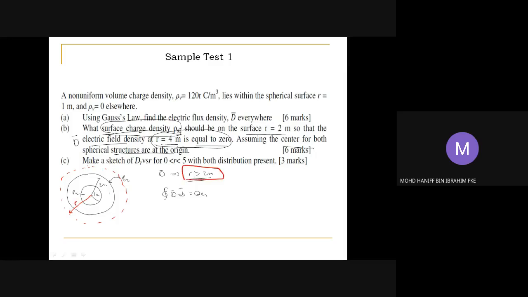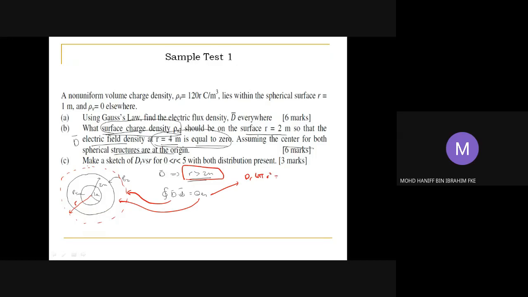That's why we have r here. The left-hand side will be a surface integration. The enclosed charge is the charge inside the Gaussian. Now we can proceed with the left-hand side integration. That will give us D_r of 4 pi r squared.